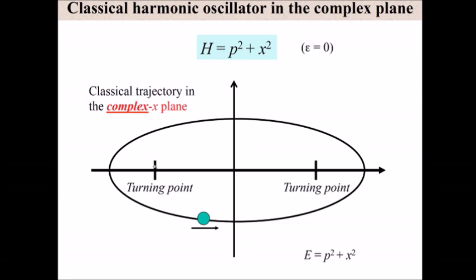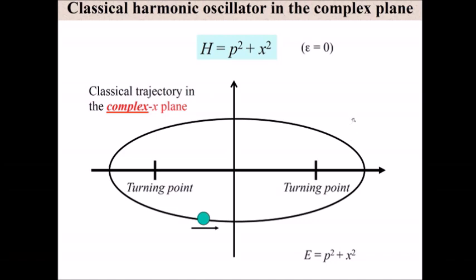So the possible classical motions of the complex harmonic oscillator are not just back and forth on the real axis, but they go around and around in the complex plane, in an ellipse. That's what the classical motion is, okay?